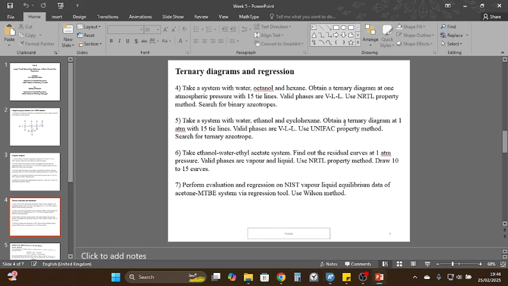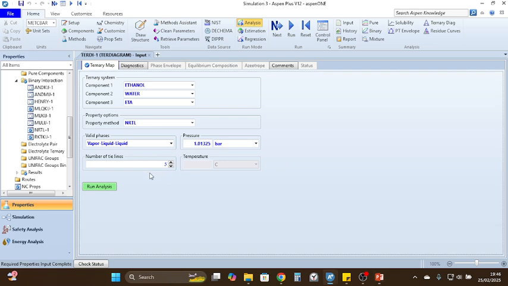It is being asked that we do it at 1 atmospheric pressure, the valid phases are vapor and liquid, and 10 to 15 curves. So over here we are going to change it to vapor, liquid, liquid. In the NRTL method, the pressure is 1 atmosphere, and the number of tie lines, let me set it to 15.